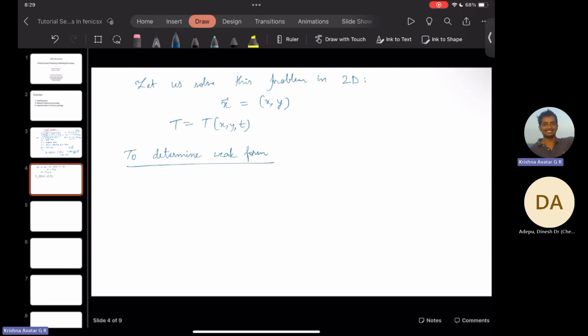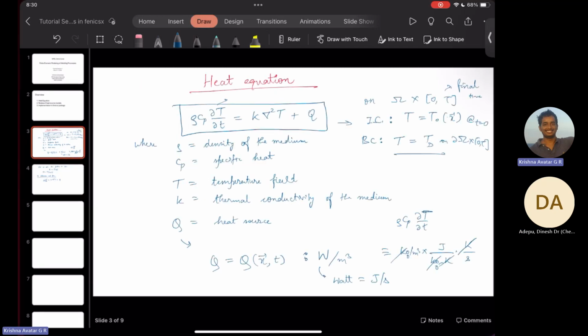Ideally, what we would have done is taken rho Cp partial T by partial t equal to kappa times the Laplacian of T plus Q, right? Sometimes we would prefer to call this Q dot.